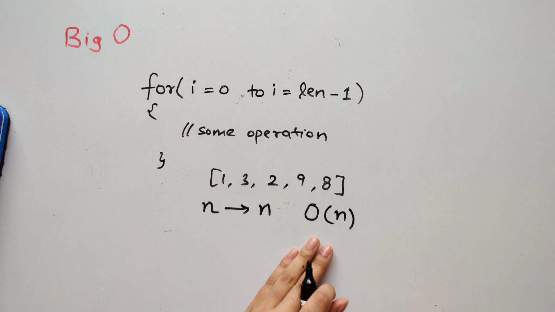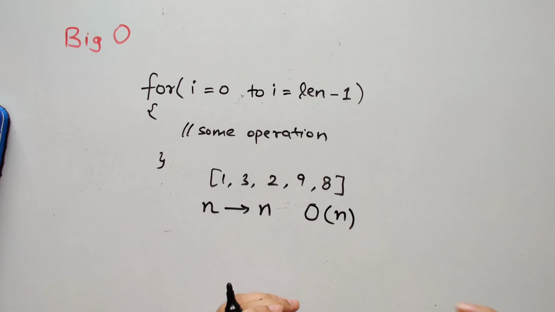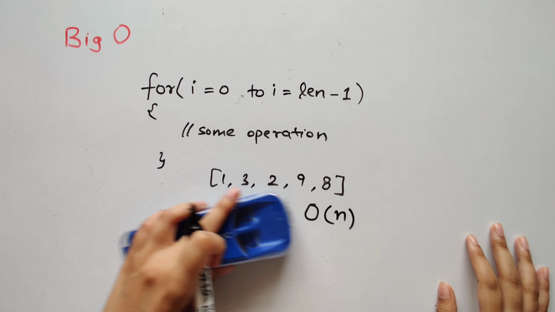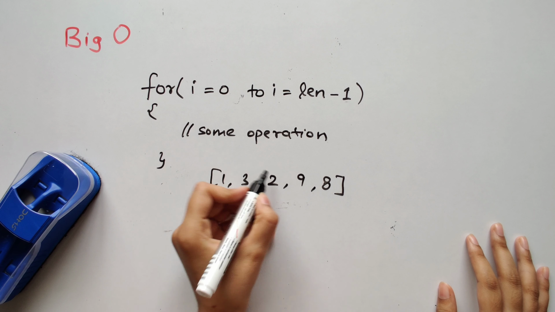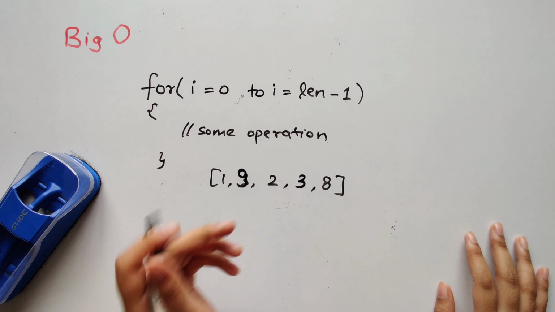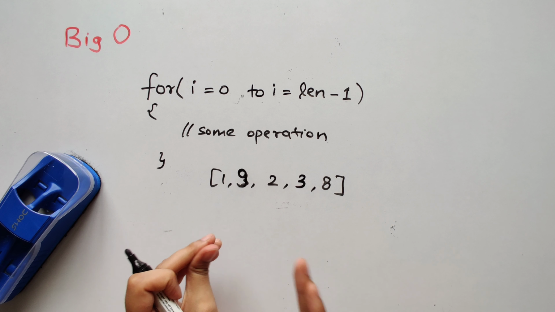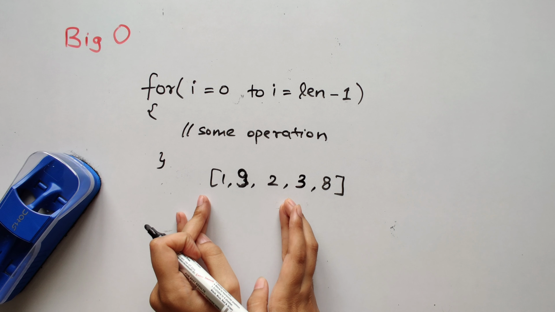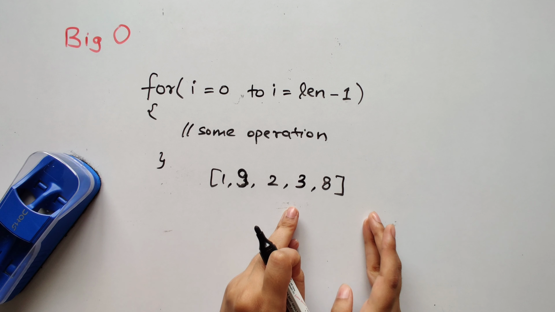Okay. Now let's say that I tell you that the largest element will definitely be present in the first half of the array. Okay. So let's say 9 is here and 3 is here. So I'm giving you a condition that the largest element will always be in the first half. So you don't need to bother about the second half.